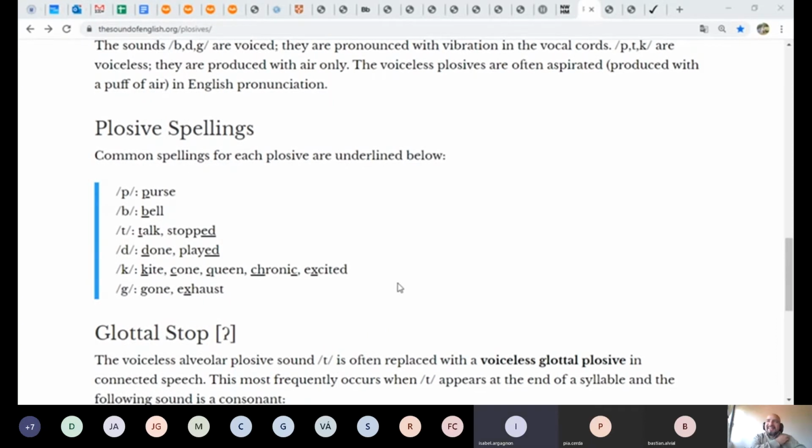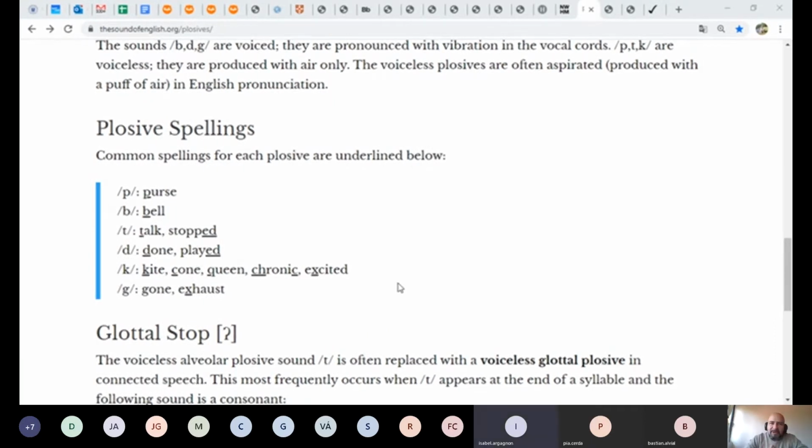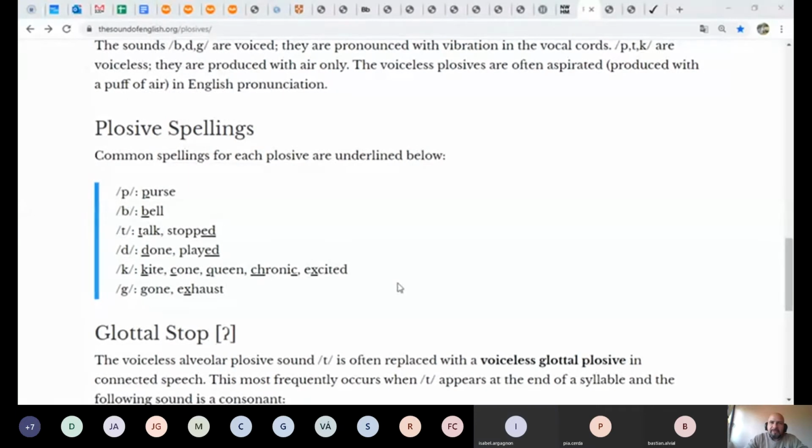So the way in which the airstream is affected is going to be referred to as manner of articulation. Basically, the airstream is affected in many different areas.